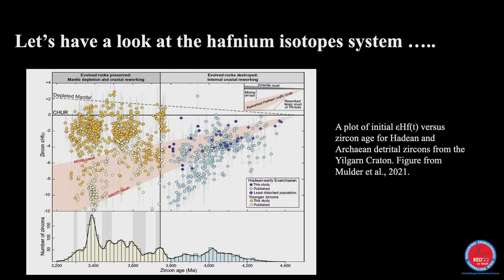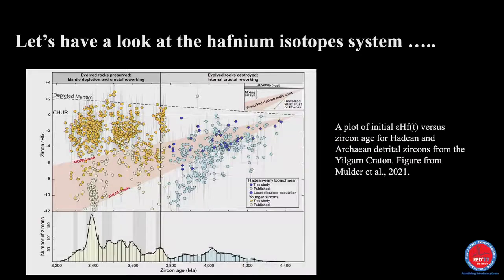So now we need to go back to TTGs, because these are evolved rocks stabilizing cratons, and the data are for evolved rocks. To have TTGs, we need to melt mantle to have mafic melt, crystallize the mafic melt to a mafic crust, melt the mafic crust, and ready.